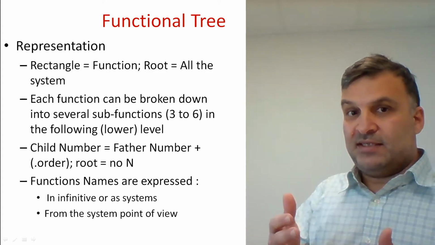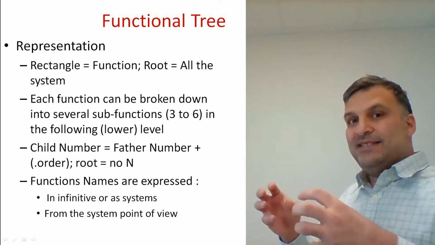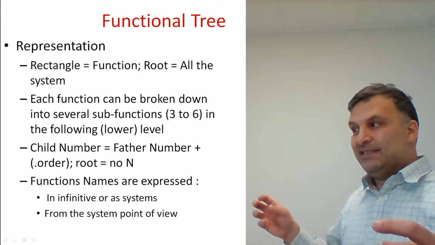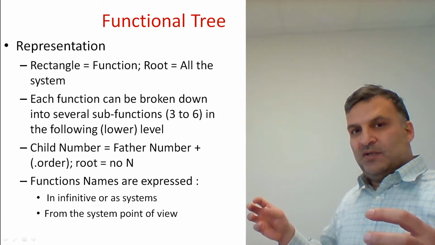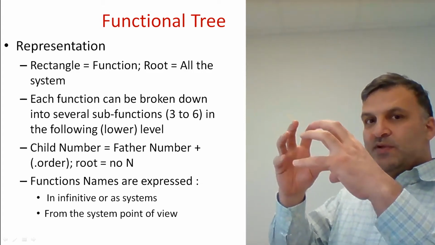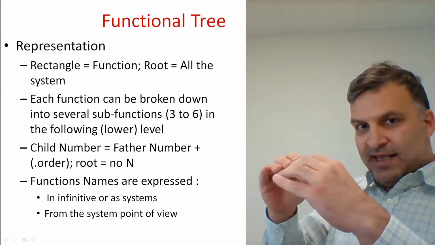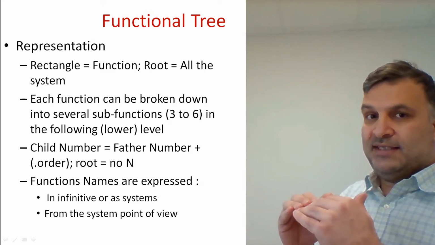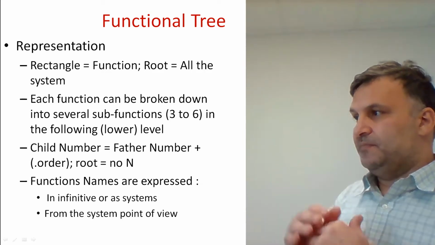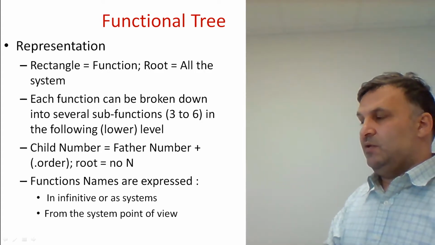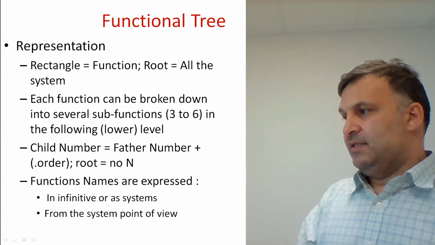And from the other side, if we have more than 6 operations, that means there is a problem, because we cannot understand the relationship between the function and the sub-functions. Instead, we can make this separation in 2 levels. As we said, regarding the child number, it includes the parent's number.